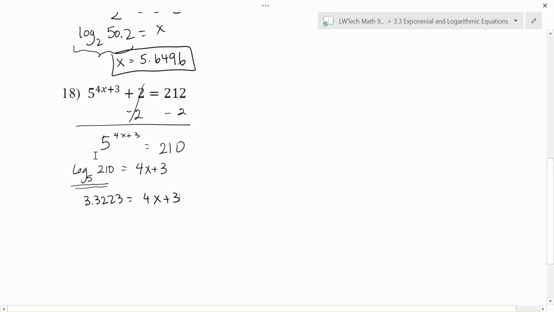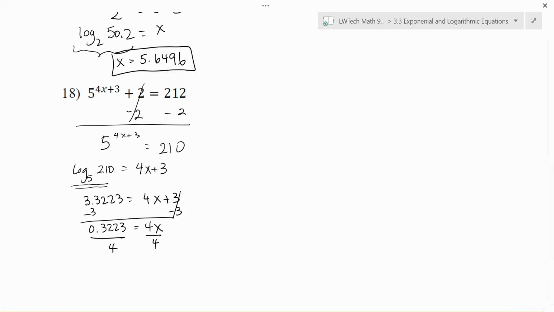So once you get to a spot where you actually have something you can evaluate like this one, go ahead and go for it. Now, in this case, I'm going to have to go ahead and finish solving this equation for x. The x is on the main level. There's no powers or anything weird on it, so I just want to go ahead and get the x alone following my usual rules for a linear equation. To get rid of a plus 3, I'm going to have to subtract 3 from each side. That's going to get me 0.3223 equals 4x on the other side, and then I can finish getting the x alone by dividing by 4.